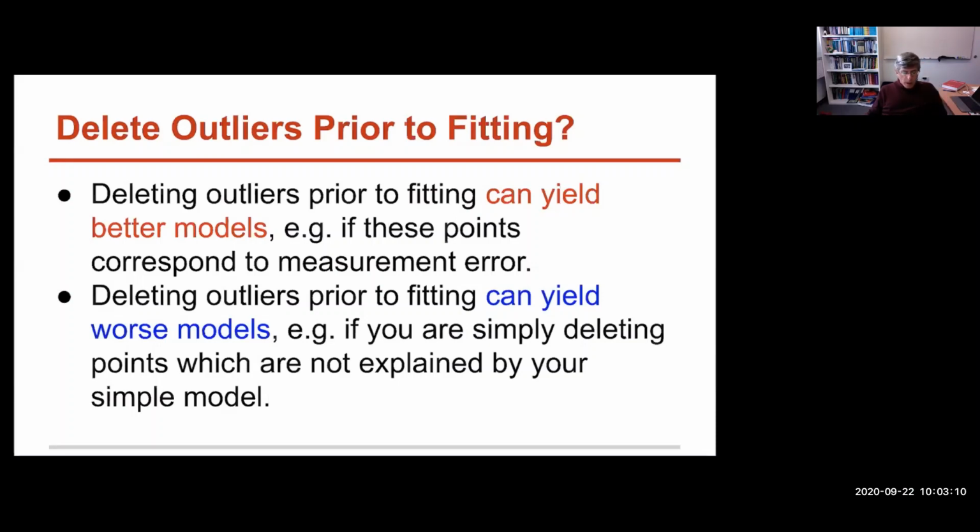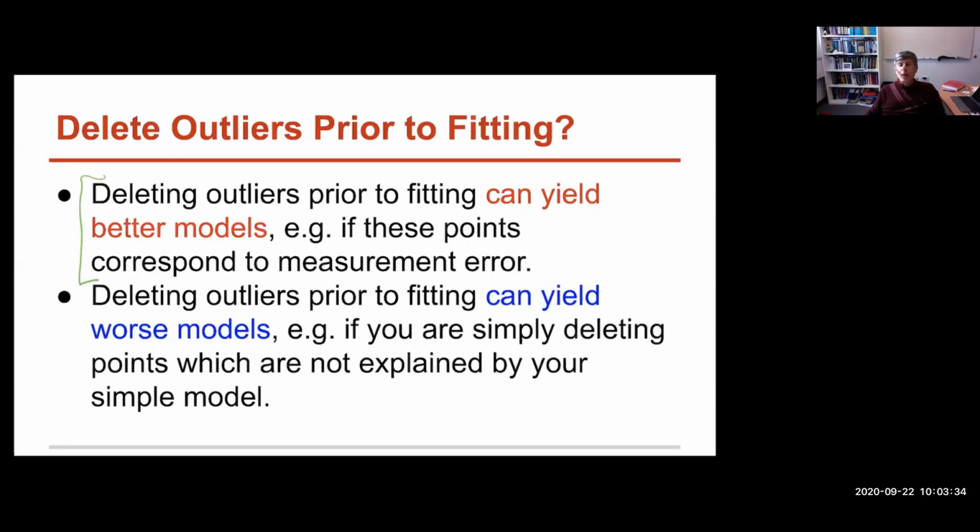The good thing about deleting outliers before you fit is that you can come up with a model that has a lower error. If you can get rid of all the outliers, it's usually easier to predict the things that are not outliers.